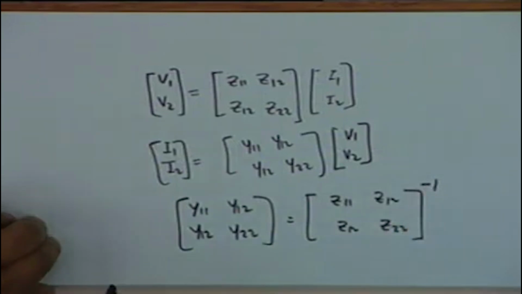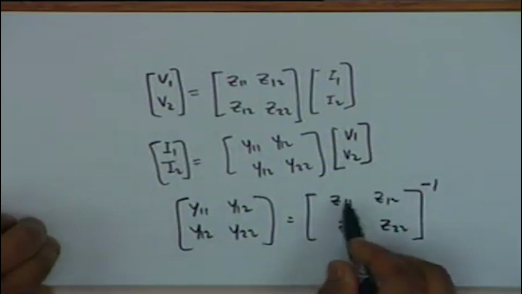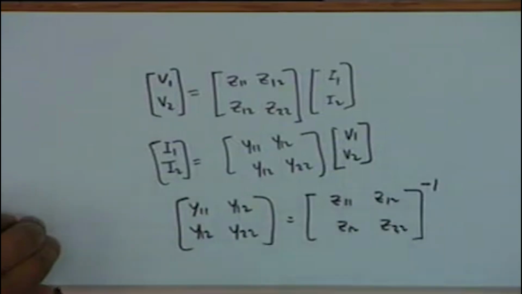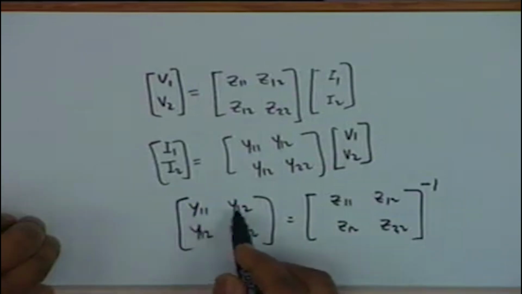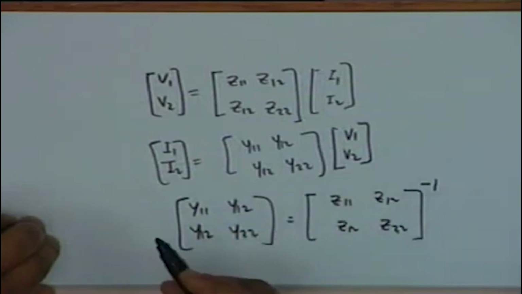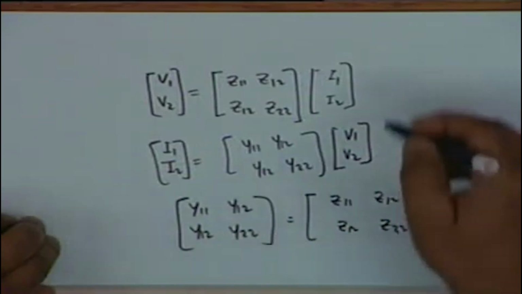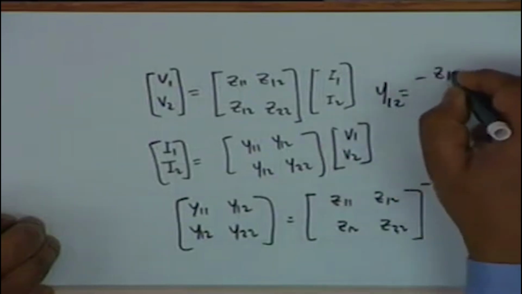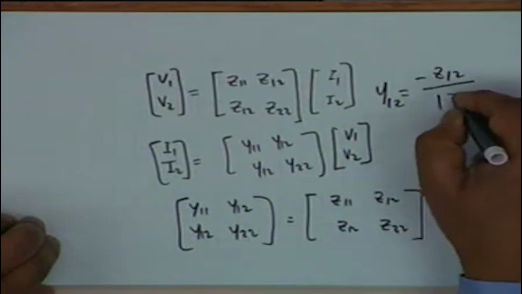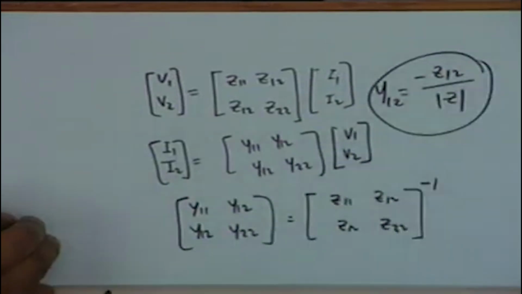Inversion can be carried out only when the determinant Z11 Z22 minus Z12 squared is not equal to 0. If this fact is recognized, then you can also find out these parameters Y11, Y12, Y12 and Y22 in terms of the Z parameters, isn't that right? You can find, for example, Y12 as you can see is simply minus Z12 divided by the determinant of Z. Is that okay?